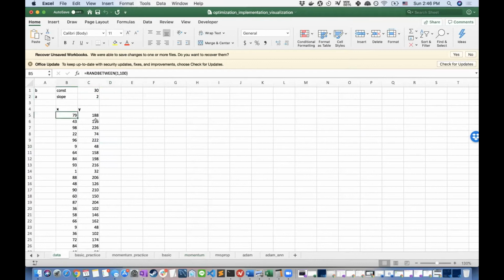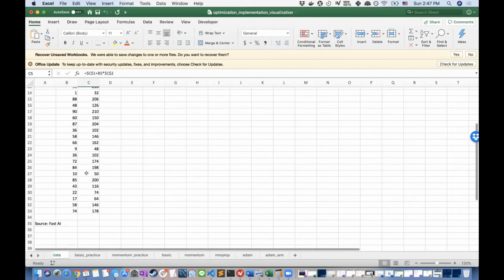He randomly generated a bunch of data points with respect to x and y: x times your 2 plus 30, with x randomly between 1 and 100, to get your y.